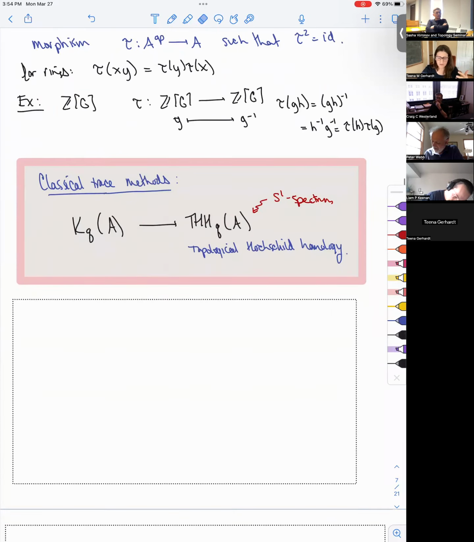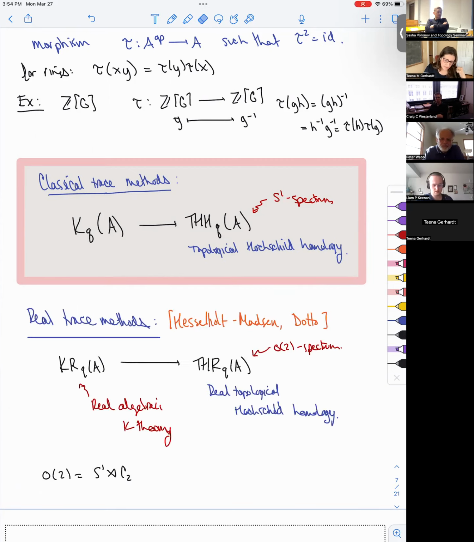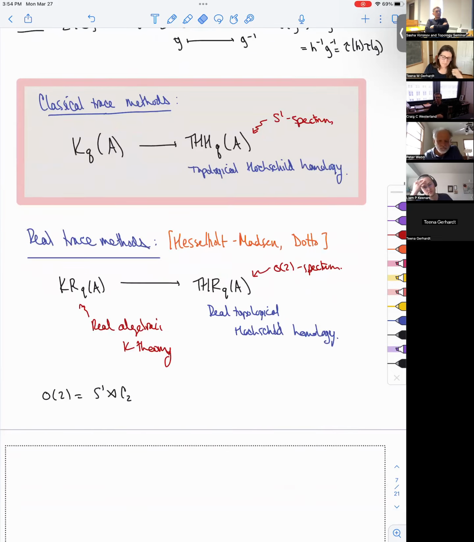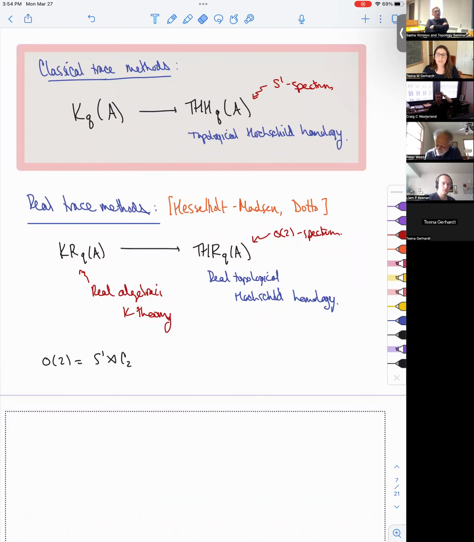In the classical trace methods in particular, one thing we looked at was the map from K-theory to topological Hochschild homology. So you could ask, is there an analog of this in real algebraic K-theory? This question was considered by Hesselholt and Madsen, and there's also been a lot of work, for instance by Emanuele Dotto, on this question. And the answer is yes, there is a theory of trace methods for real algebraic K-theory.